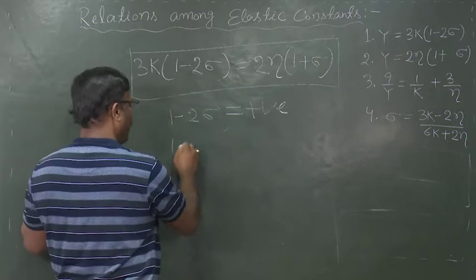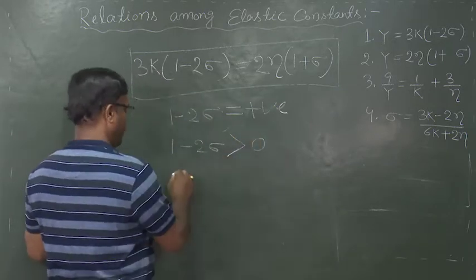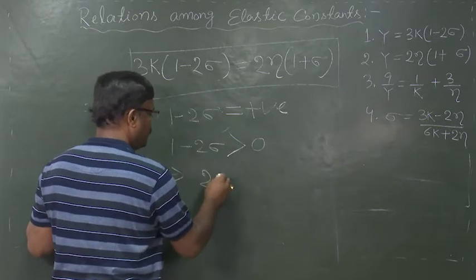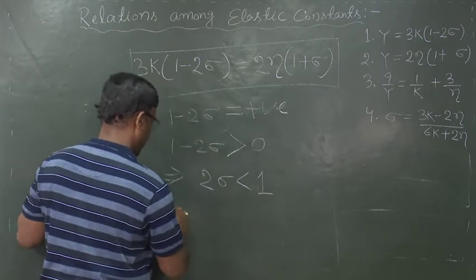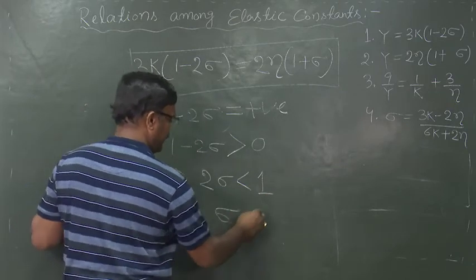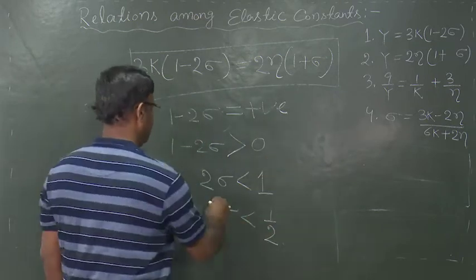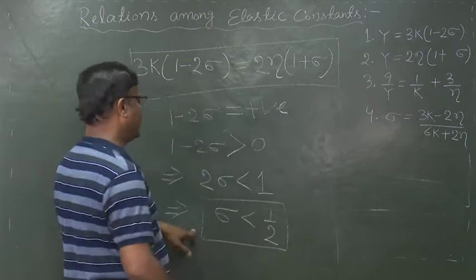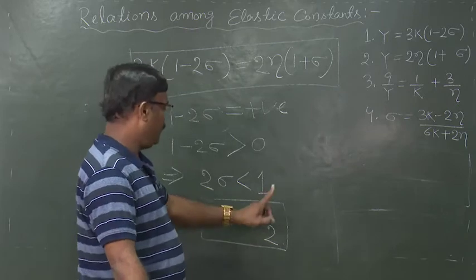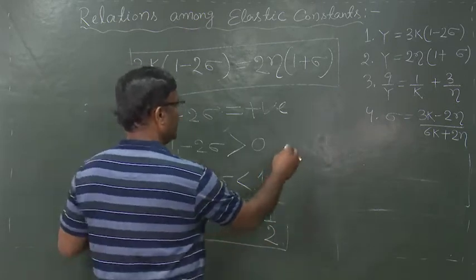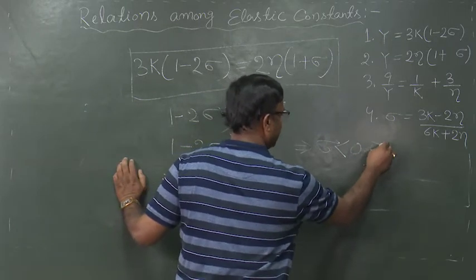That means 1 minus 2σ must be greater than 0, which implies 2σ must be less than 1, which implies σ is less than half. That means the upper limit of the value of σ must be less than half, which implies σ is less than 0.5.